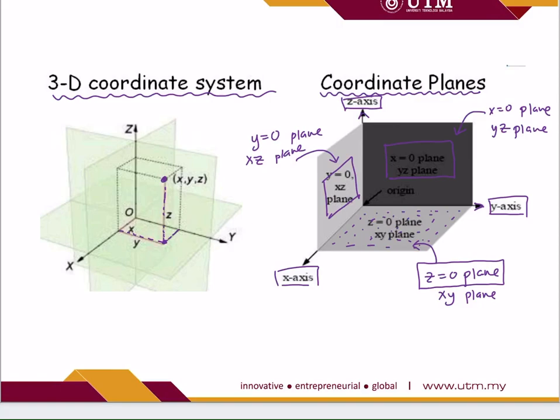You need to differentiate between a line and a plane. When talking about coordinate planes in 3D, x equal to 0, y equal to 0, and z equal to 0 are planes. But if we talk about the x and y axis only in the coordinate system, it is referred to as a line.